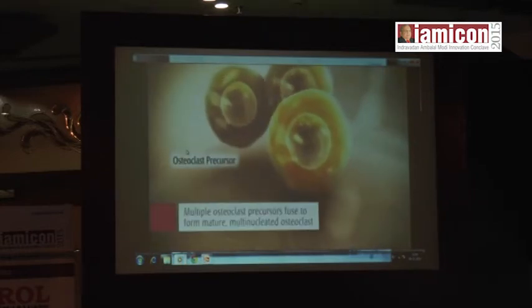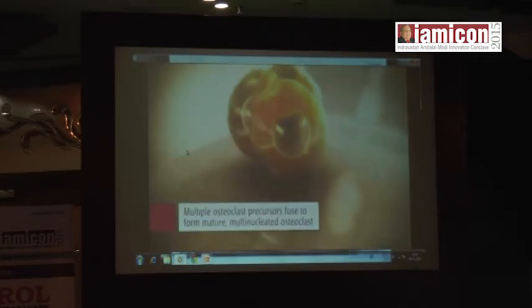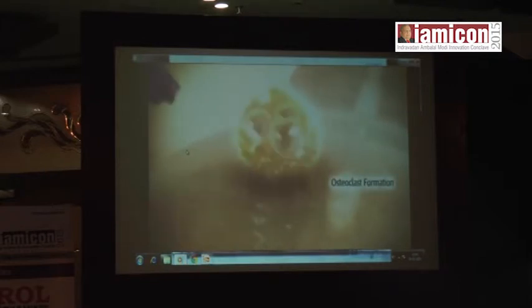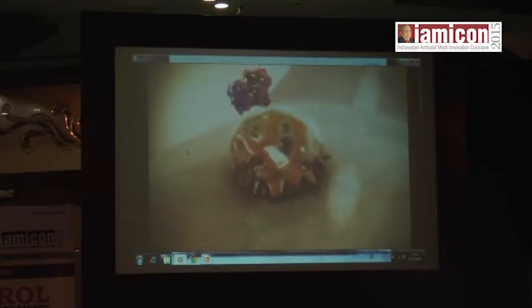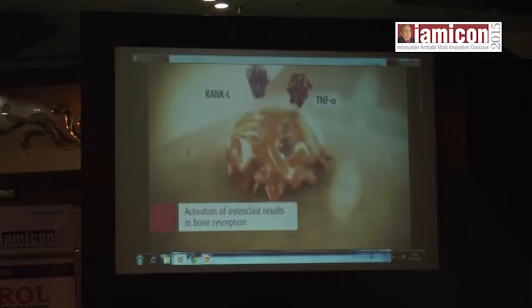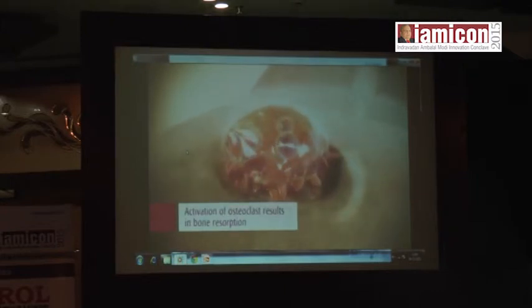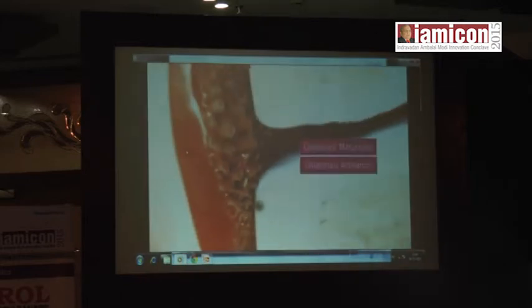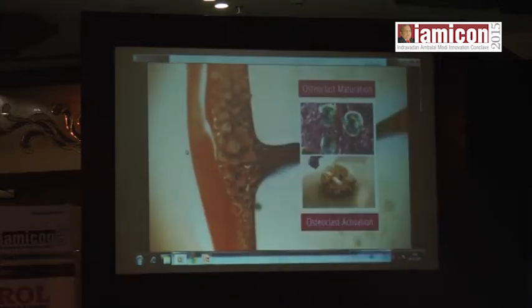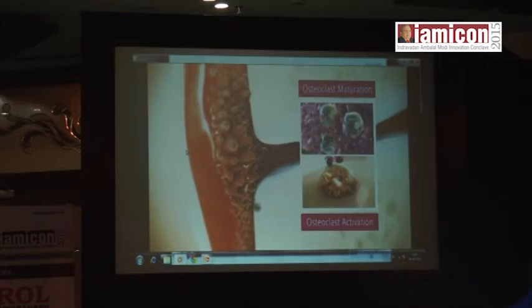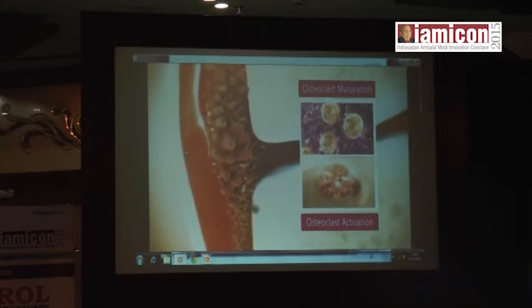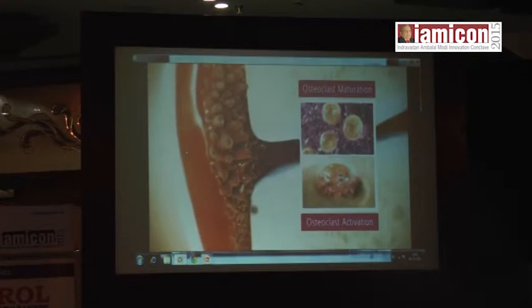At inflamed joints, in the presence of macrophage colony stimulating factor, TNF-alpha and rank ligand, osteoclast precursors differentiate into mature osteoclasts, resulting in bone resorption. Thus, the direct and indirect effects of the TNF-alpha on osteoclast maturation and activation culminate in focal bone erosions and irreversible joint damage.